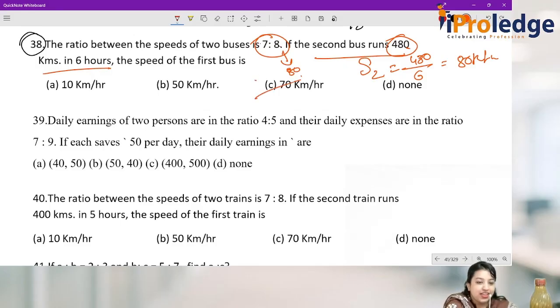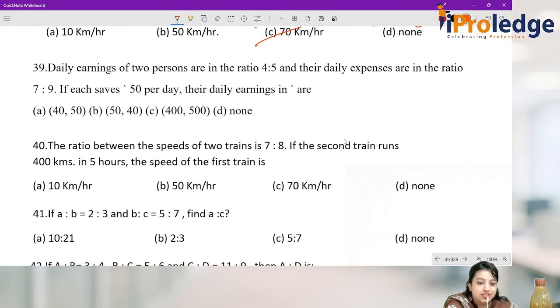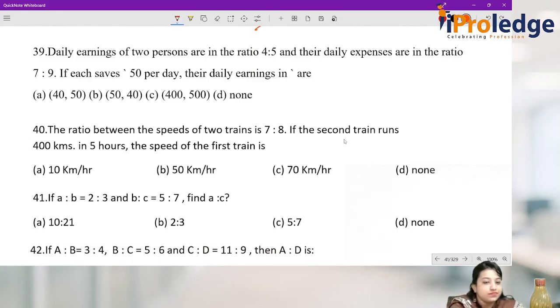Okay. Daily earnings of 2 persons are in the ratio 4:5 and their expenses 7:9. If each saves 50 rupees per day. Per day, how much are they saving? 50 rupees.